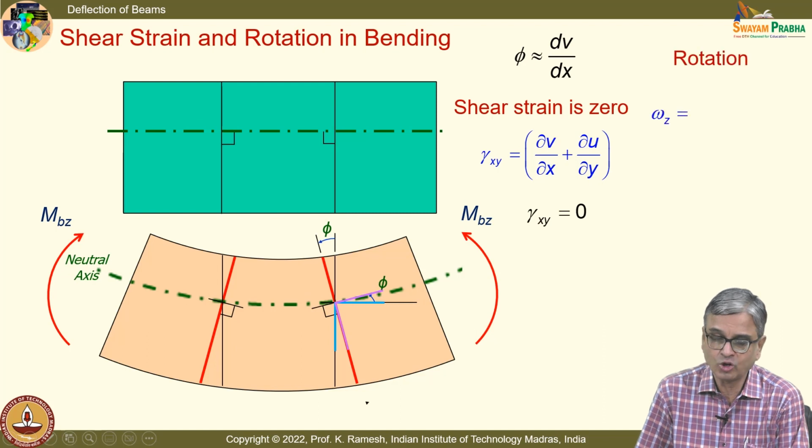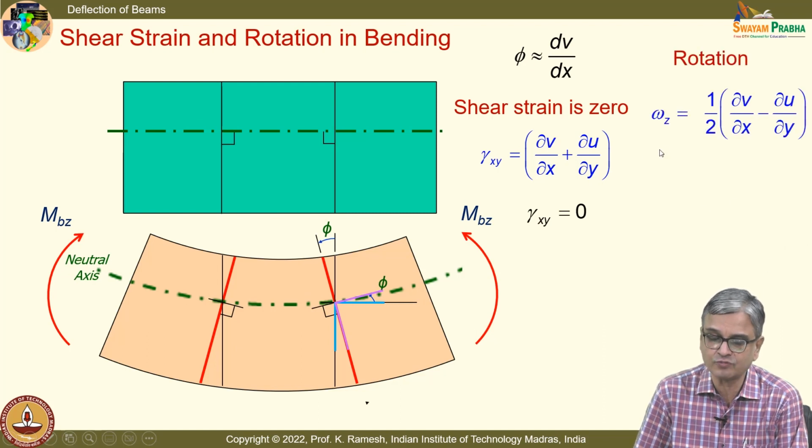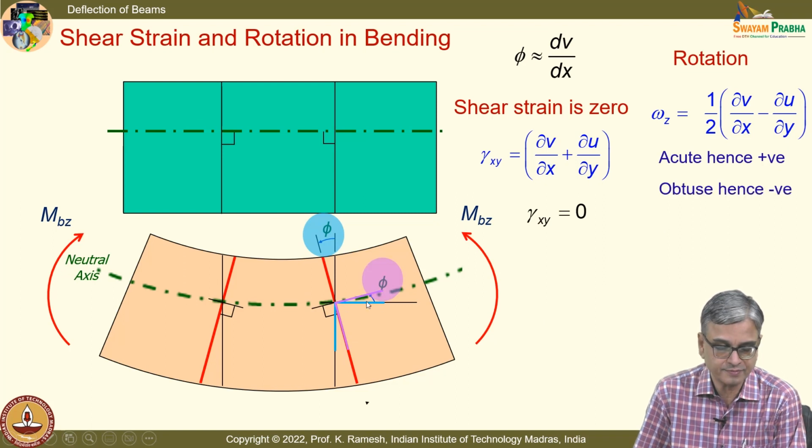And we have also seen what rotation is. Rotation is omega z, given as half of dou v by dou x minus dou u by dou y. And I have this angle. This angle will be labeled as positive because it is acute. This angle will be labeled as negative because it is obtuse, the way the deformation takes place.